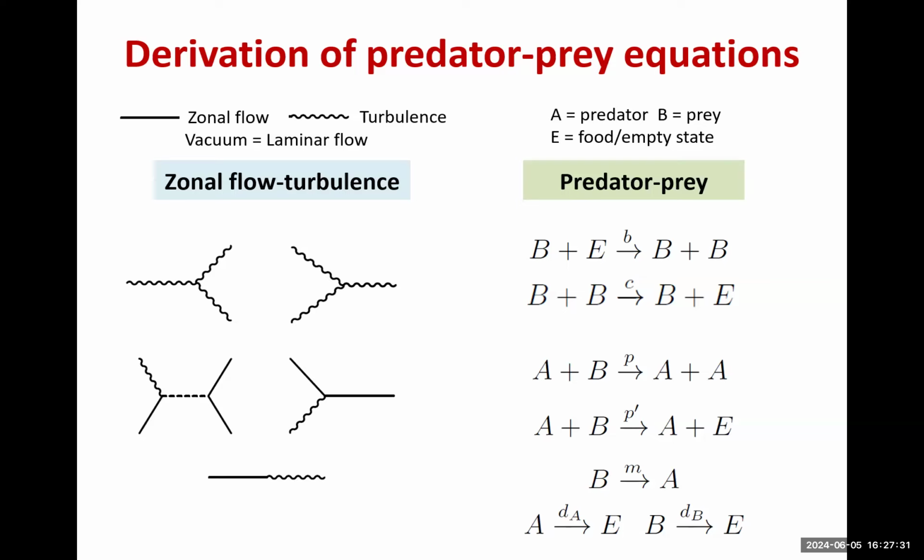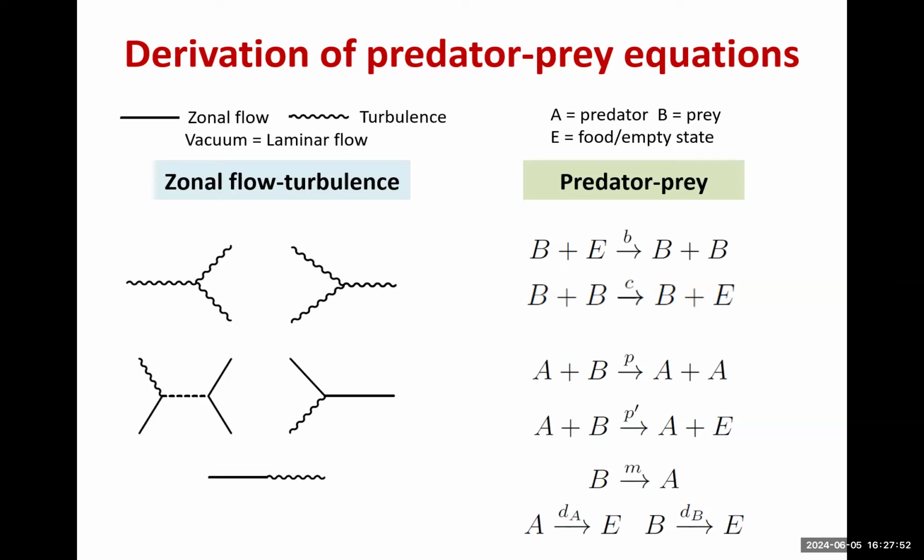This one says turbulence meets the zonal flow, something happens, and out come two zonal flows. The zonal flow is the predator. Turbulence is the prey. So this is the wave picture of the system. There's a wave-particle duality. Let's have a look at the particle picture of this.